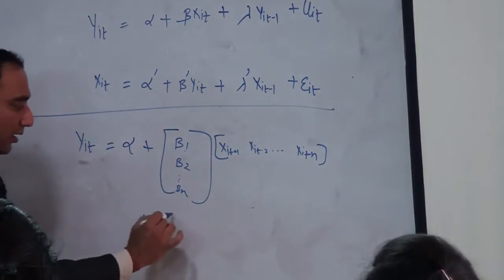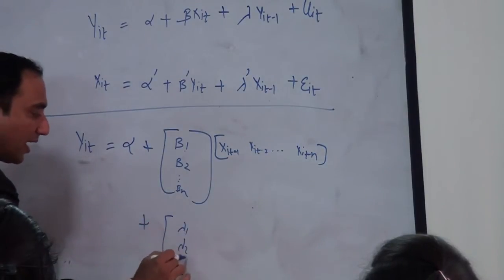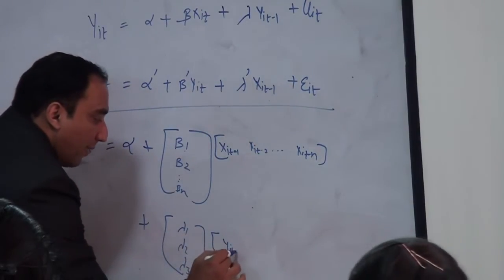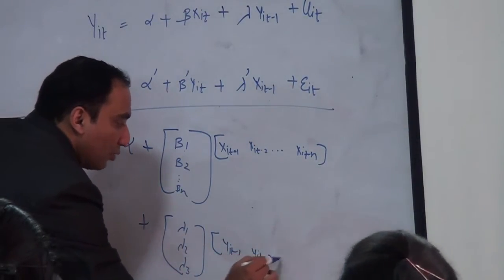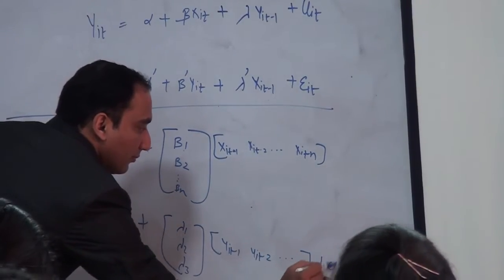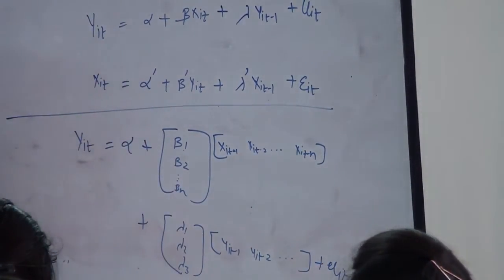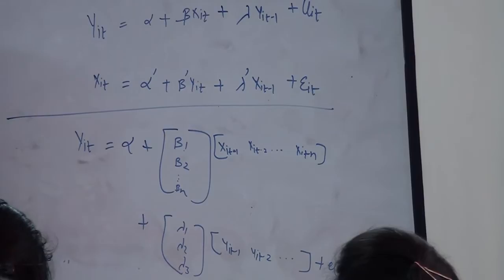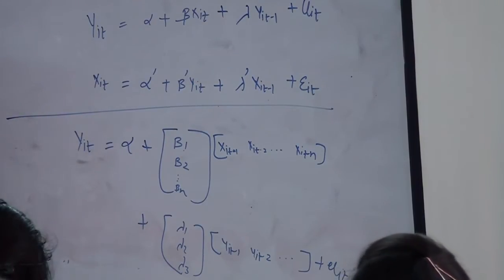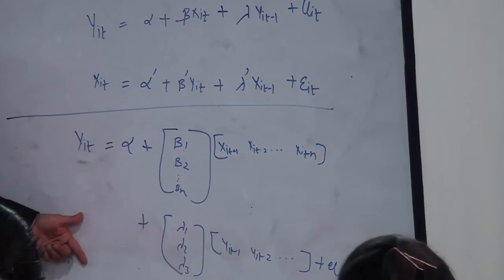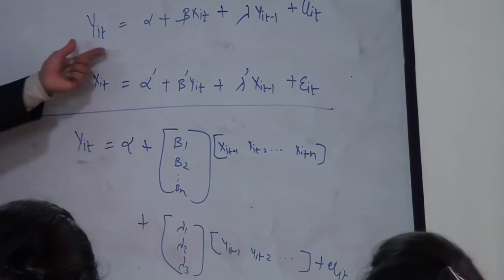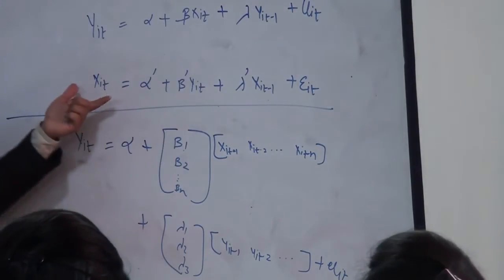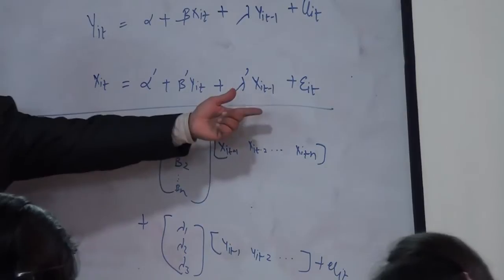Similarly, I can do it for lambda_1, lambda_2, lambda_3 into y_it-1, y_it-2. And hence this is called vector autoregression. It means y is dependent on x and past values of x and past values of y. X is also dependent on past values of y and past values of x.